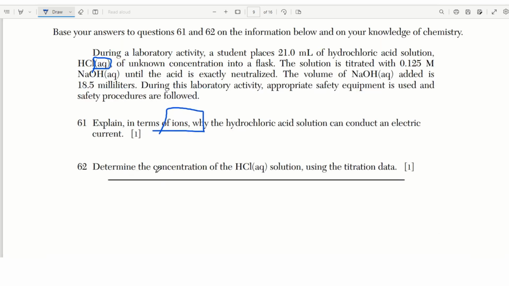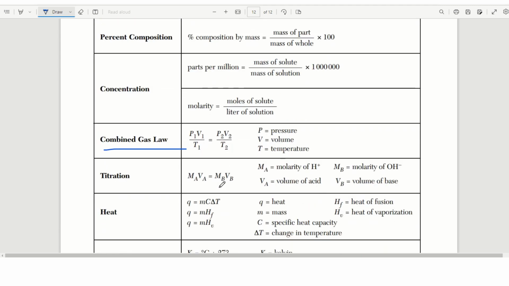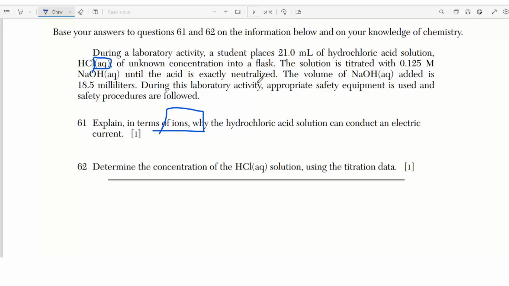Determine the concentration of HCl solution using the titration data. So the titration formula is right here. MAVA equals MBVB. So what is the acid? Hydrochloric acid. What is the base? NaOH. Okay. So even though I'm not going to be able to write them as subscripts, I think it'll be a little easier to read this way.